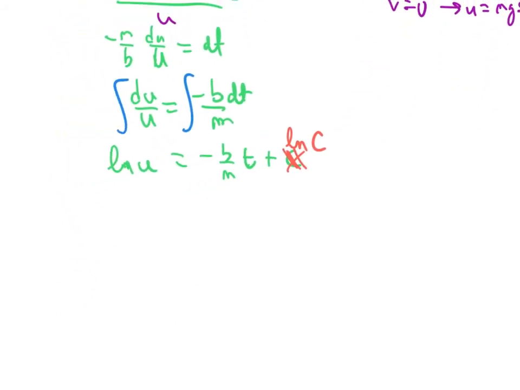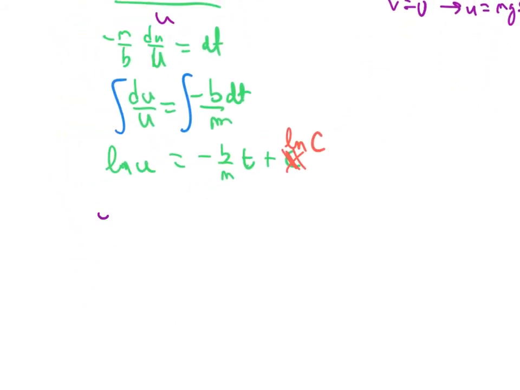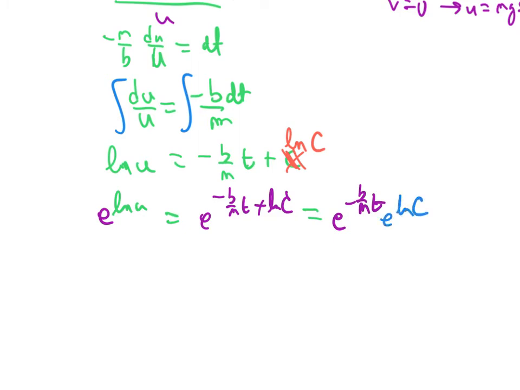So let's exponentiate both sides. So e to the natural log u over here is e to this entire thing. But then we remember that e to a sum is just e to the product, so e to the minus b over m t times e to the natural log c.